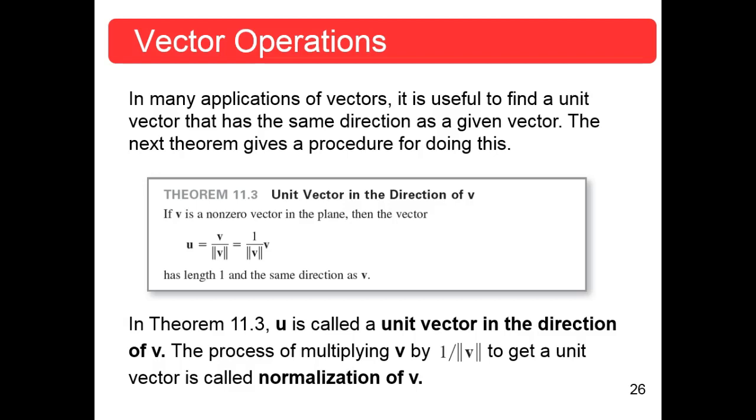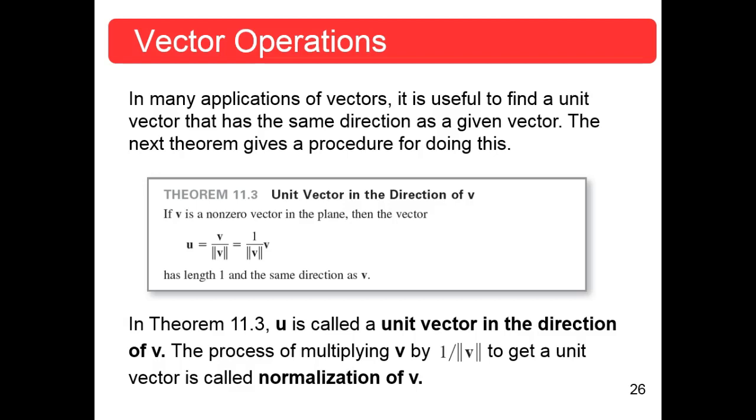The process of multiplying the vector V by 1 over its magnitude to get a unit vector is called the normalization of V. I guess the word normal in everyday language means kind of average, or the expected.